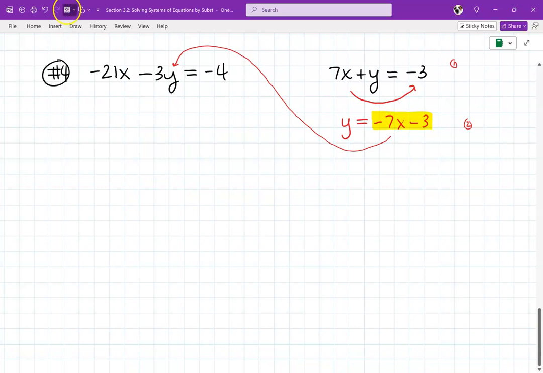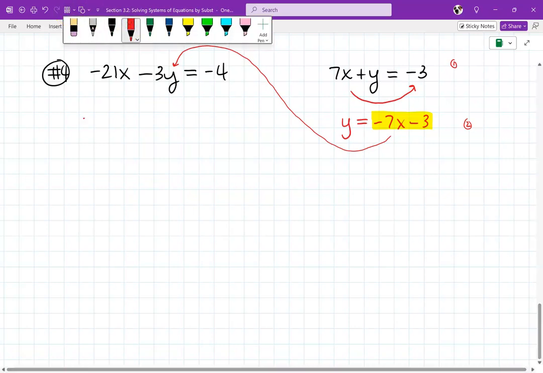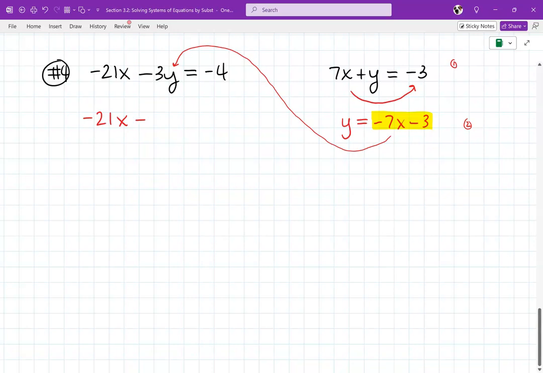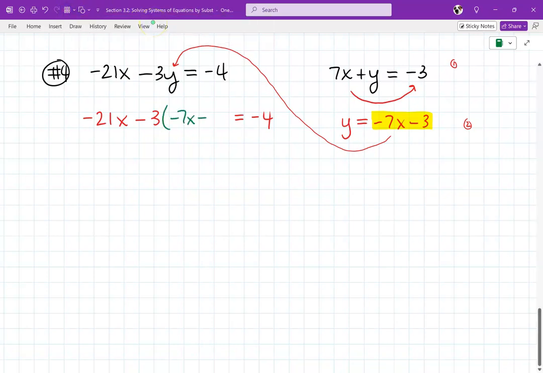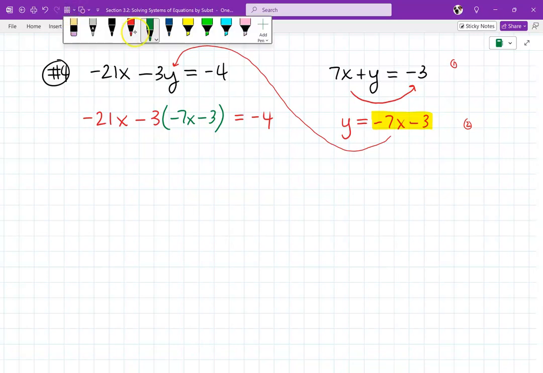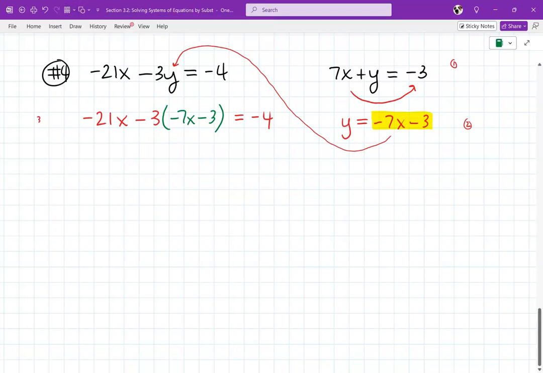This is going to be my step 3 here. So negative 21x minus 3 times negative 7x minus 3 equals negative 4. Oops, I forgot to put it in green. Let me rewrite that. Negative 7x minus 3. That's step 3 right there, okay?